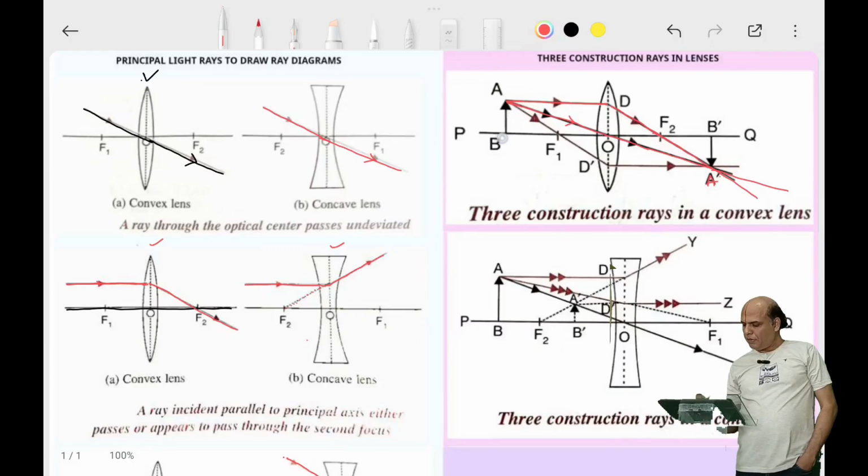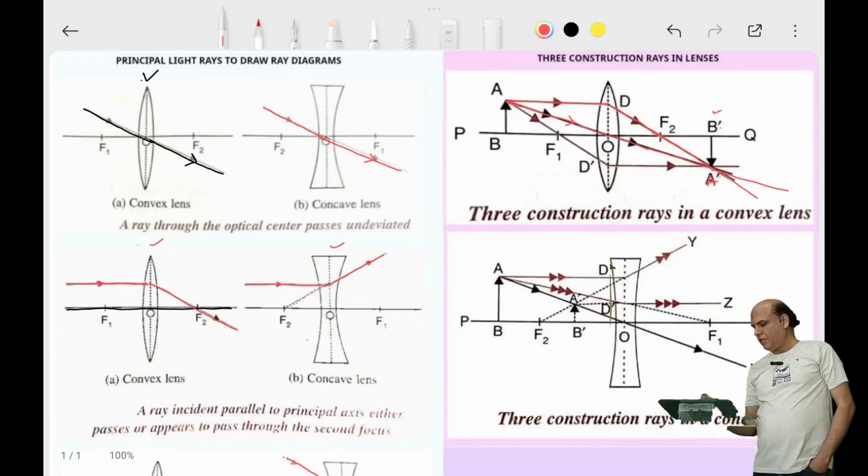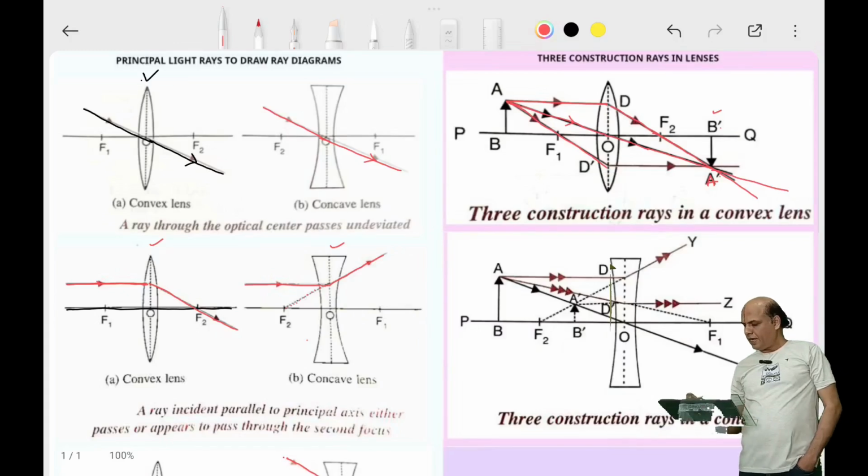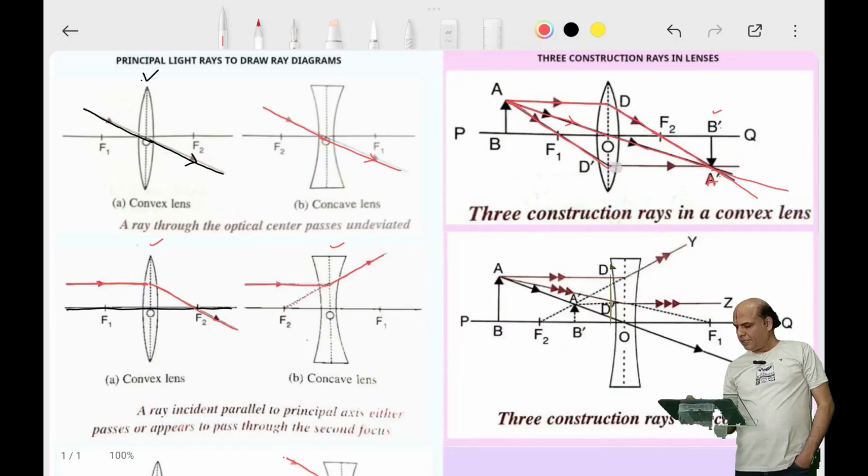Similarly for point B, any two of the three principal light rays are sufficient to arrive at the image point B dash. Here, they have considered the third kind of light ray, which is passing through the focal point on the principal axis and reaching the lens. After refraction, it is refracted parallel to the principal axis.